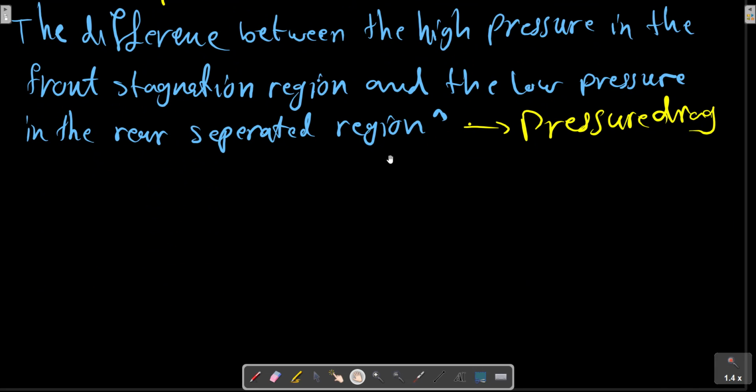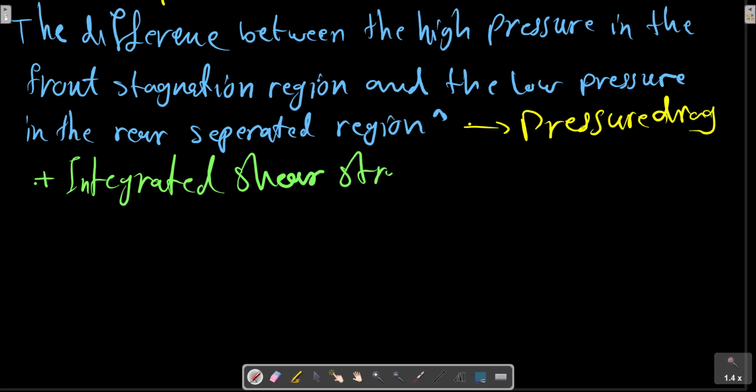This is added to the integrated shear stress, the friction drag, of the body.